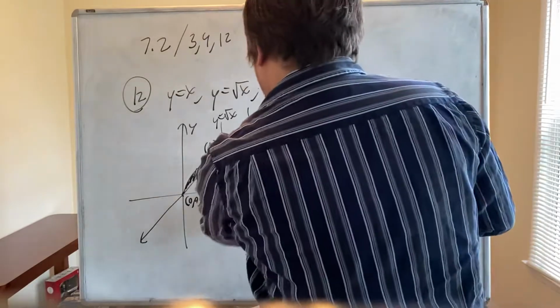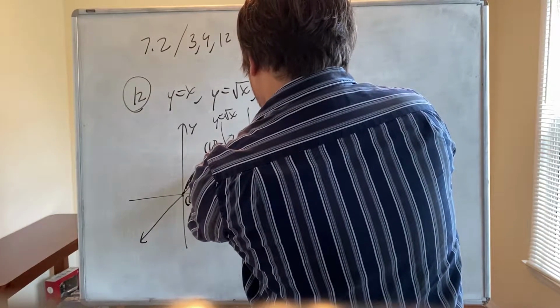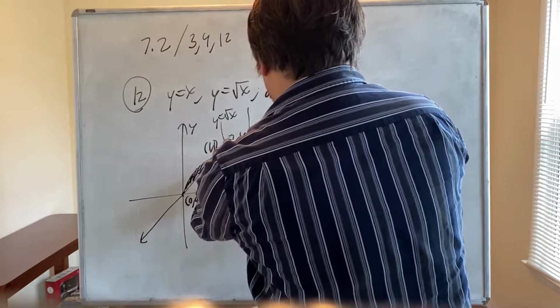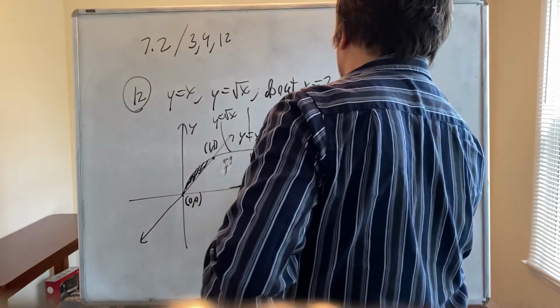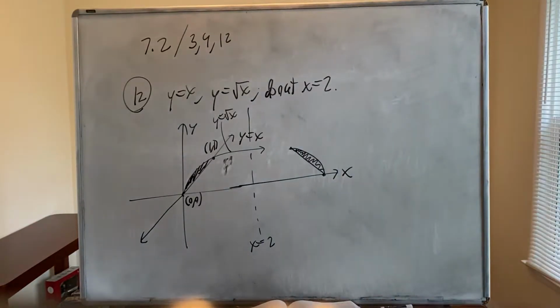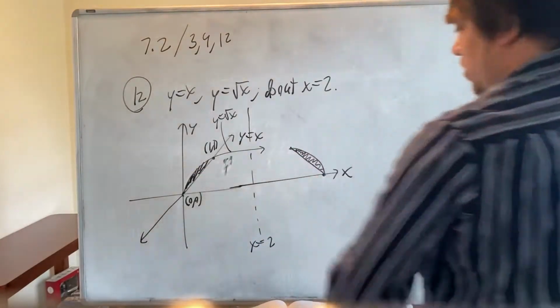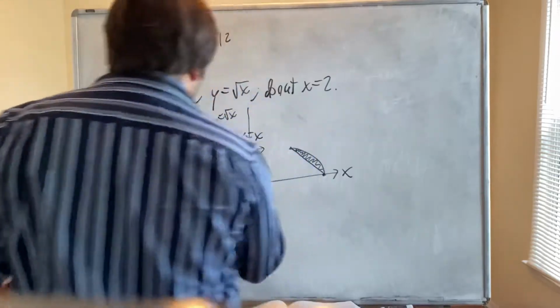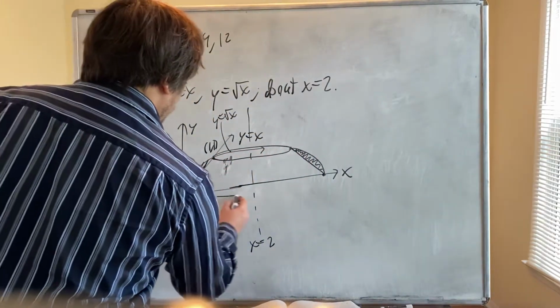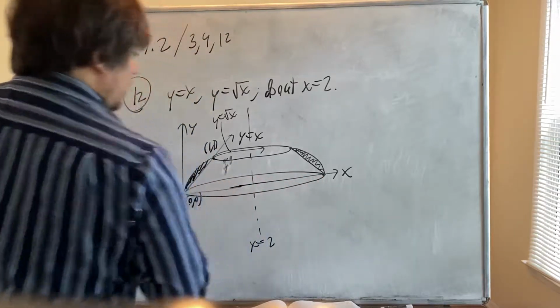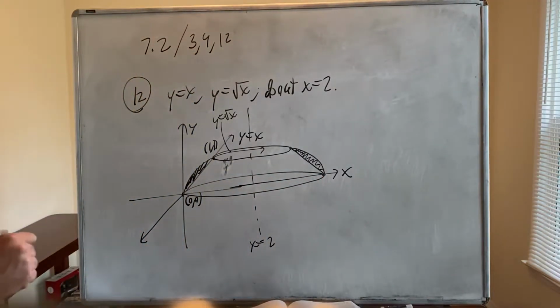And so I'm going to take the mirror image of it. So that's the mirror image of that shaded region. This is the shaded region, but I'm just drawing this mirror image there. Then you rotate it around, and you get this. That's the three-dimensional object.